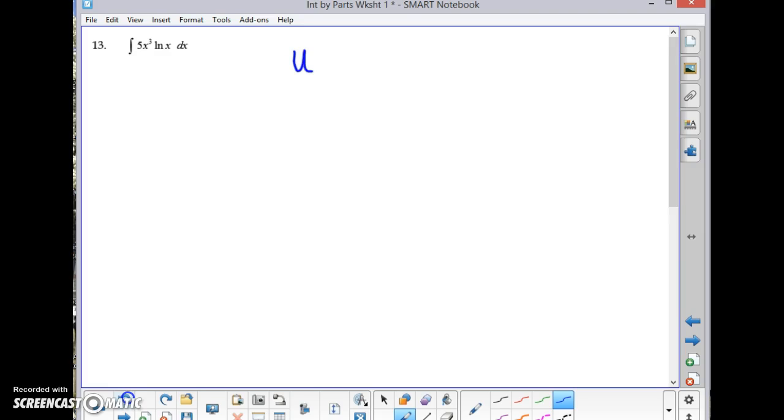So I'm going to go back to more of my standard integration by parts. And because u or dv needs to be integrable and I can't integrate natural log of x, the natural log of x is going to be my u, and my du is 1 over x dx.